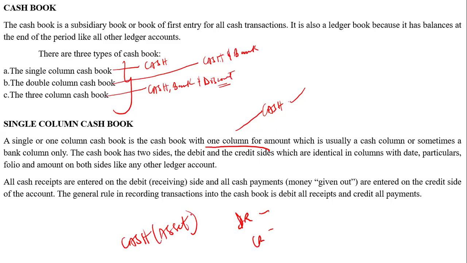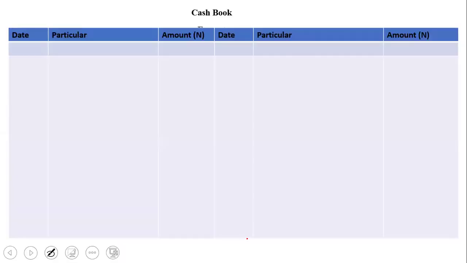From that module, we understand that when transactions in cash increase, we debit, but when transactions in cash decrease, we credit. And don't forget, in the last module we also said the left-hand side is for debit and the right-hand side is for credit. So this is the format.